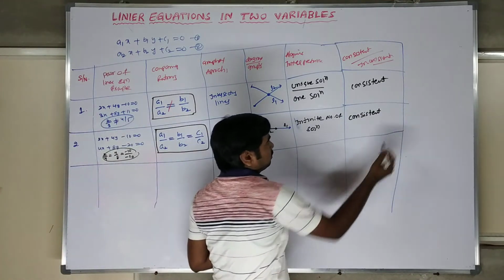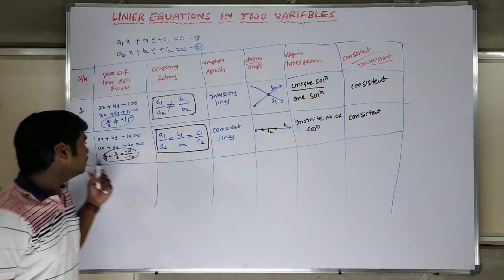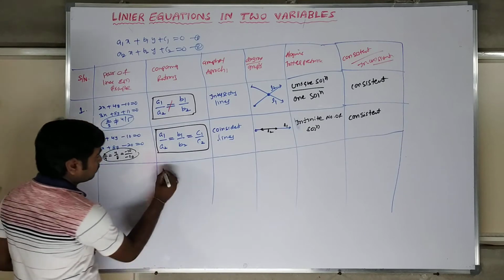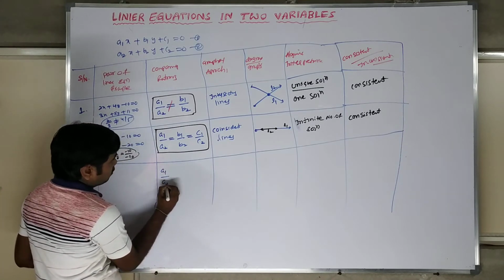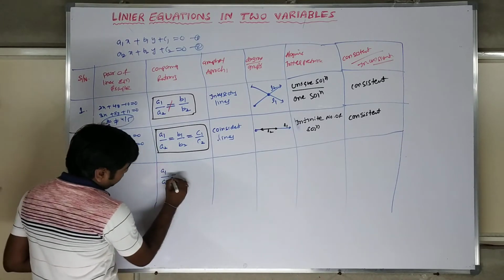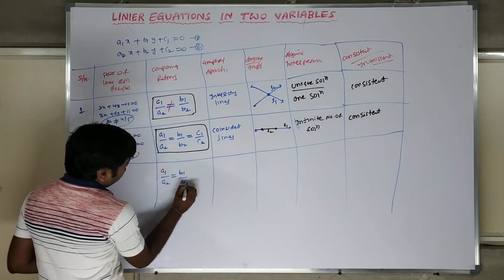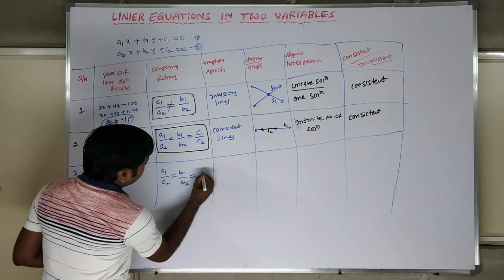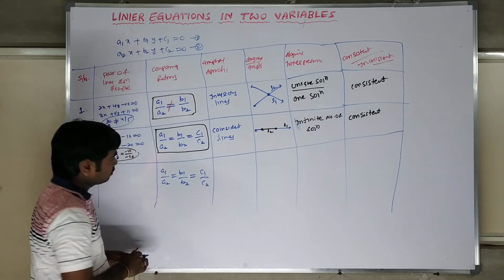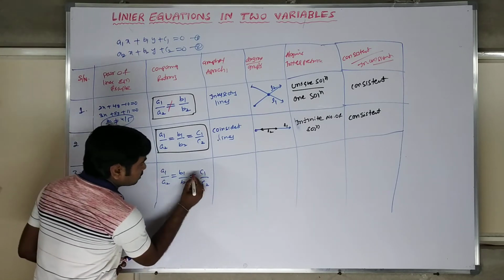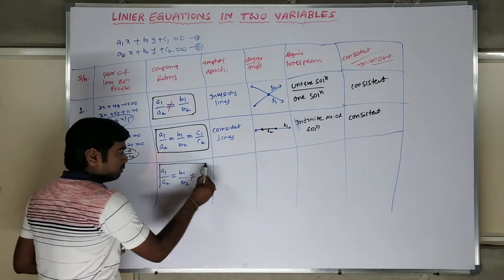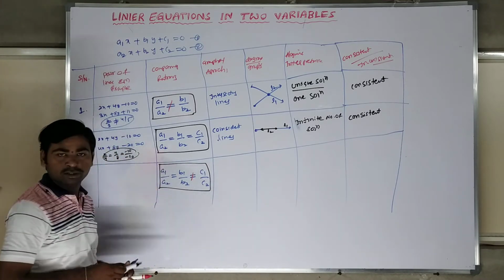So the third approach we will also cover. Next, go for the third case, which is very simple. A1 by A2 is equal to B1 by B2. Both are equal, so go for C1 by C2 also. When C1 by C2 is not equal, it means A1 by A2 is equal to B1 by B2, but it is not equal to C1 by C2.